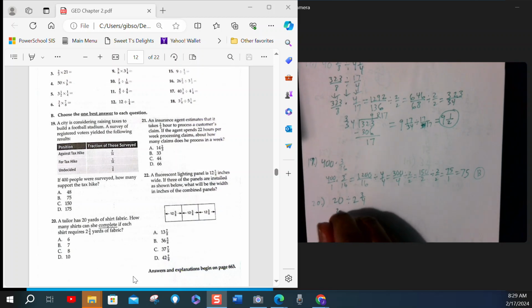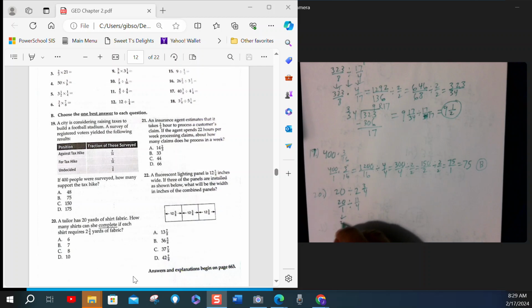So first thing, we will make this 20 over 1 divided by, and we will change this mixed number to an improper fraction, which will give us 11 over 4. First fraction stays the same. Division becomes multiplication, and we'll take the reciprocal of the second fraction to be 4 over 11.